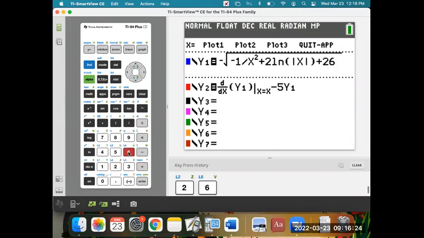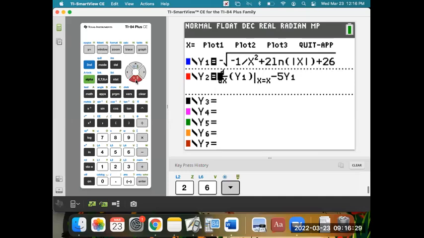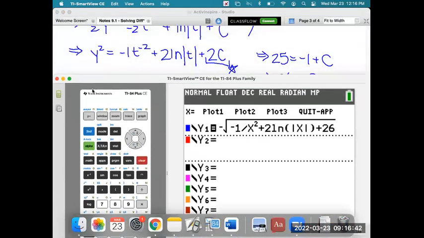You don't want to accidentally put that inside of the natural log. All right. So then in the second line, I'll type in the left side of the differential equation. In the right side, I'll type in the right side of the differential equation, and they should overlap. They should be the exact same graph if everything was correct.